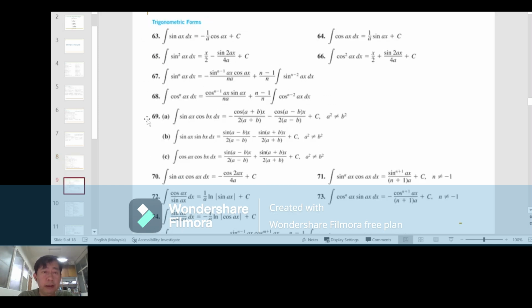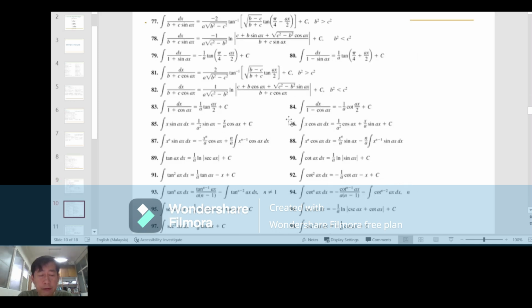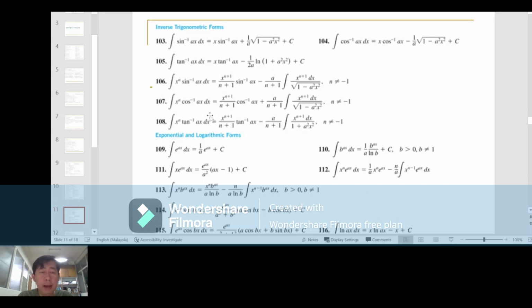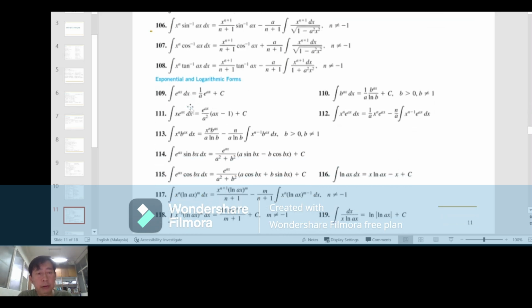These sections of the integral table provide the solution for functions that involve trigonometric functions or combinations of them. There are all sorts of different solutions to various types of trigonometric functions. This part of the integral table provides the integrations that involve inverse trigonometric functions, and this part provides the integral for functions in the form of exponents and natural logarithm.